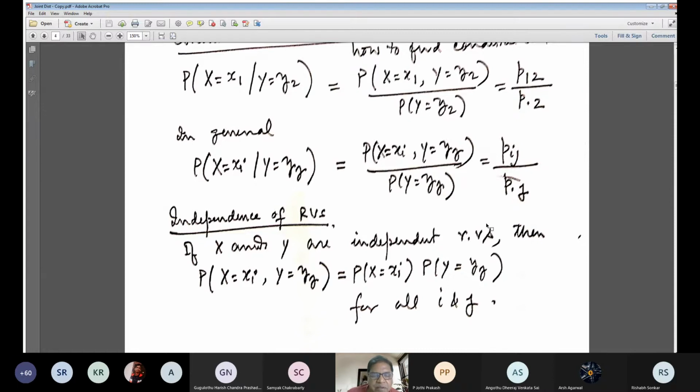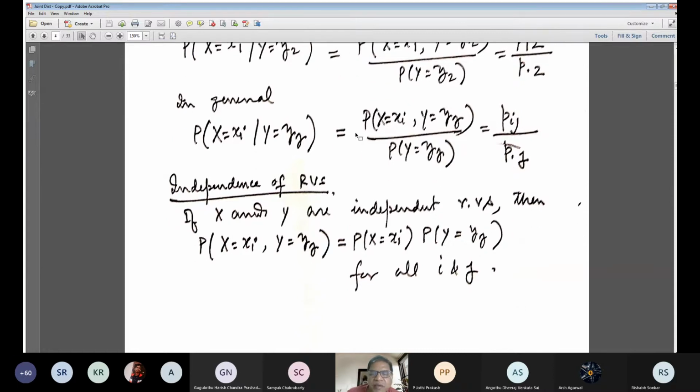Now again, we may check whether X and Y are independent random variables, yes or no. In that case, the concept of independence of random variables is defined, and as we discussed with probabilities, if the probability of A given B is equal to the probability of A, then A and B are independent.